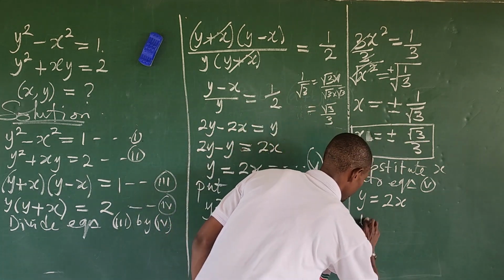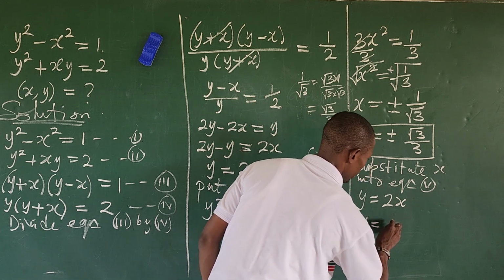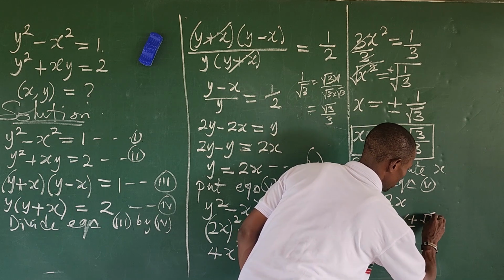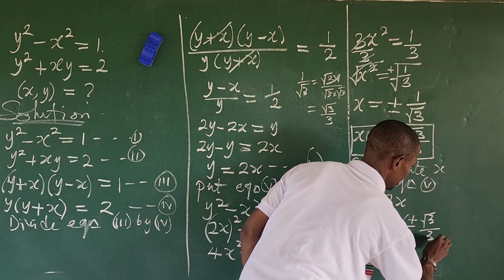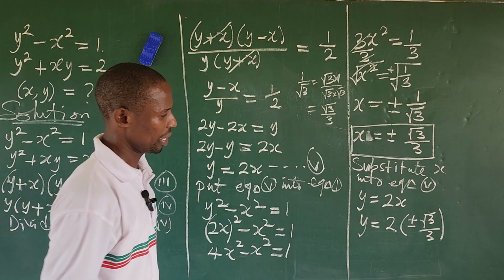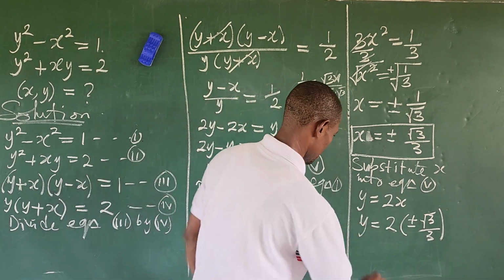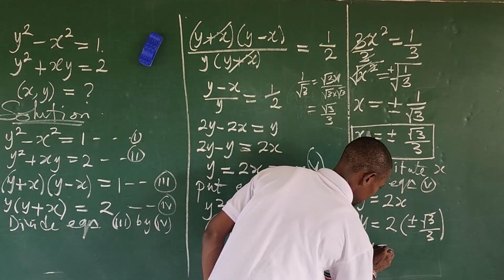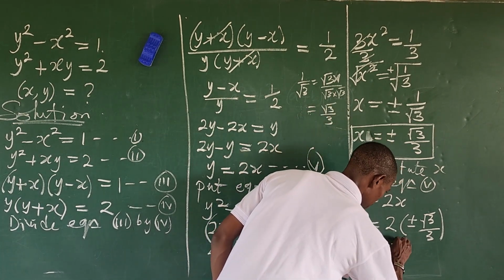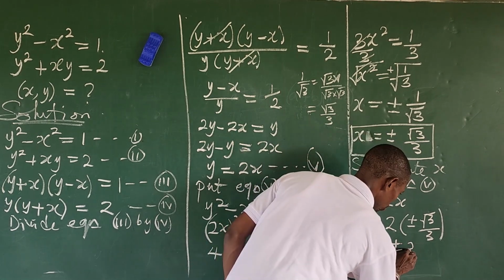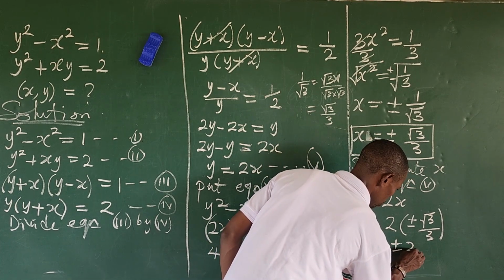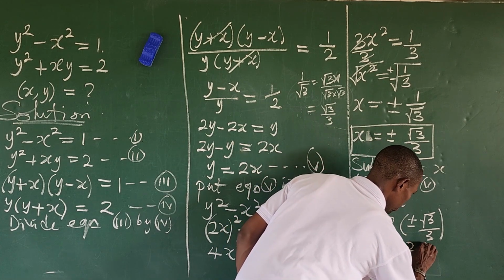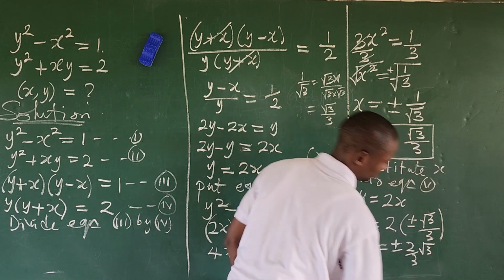So we're going to have y equals 2 into plus or minus the square root of 3 all over 3. Easy. So again, if we open this up, we're going to have, therefore, our y is equal to plus or minus 2 all over 3, then root 3.